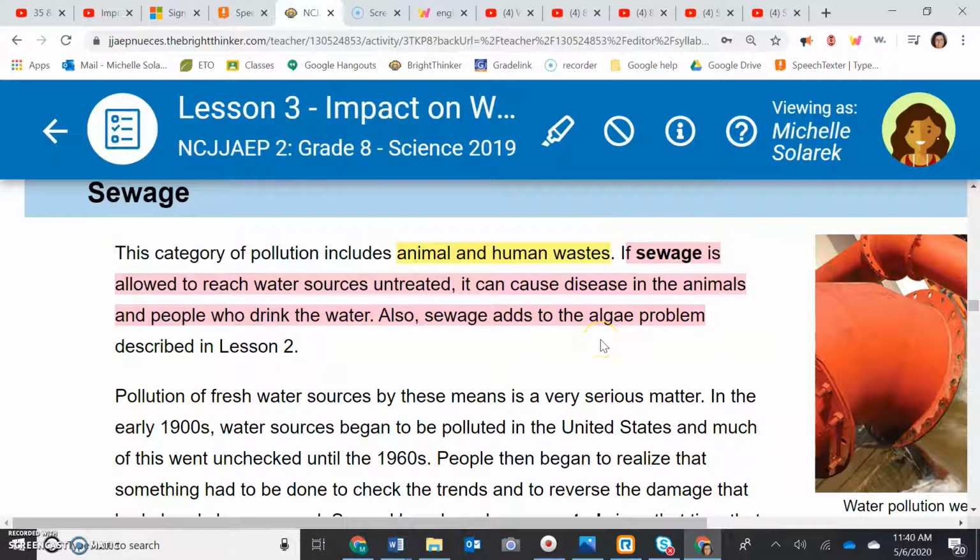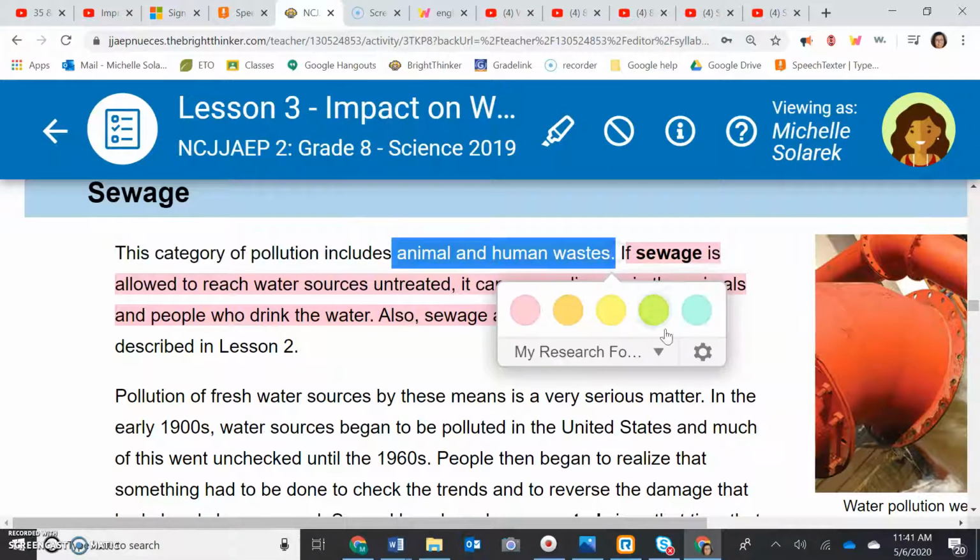So sewage is water that's been destroyed by animal and human waste. So mostly that's talking about poop being in the water. It used to not be regulated to keep the water clean, so you'd be drinking poop water. I told you it was gross. Anyway, what is sewage called? Sewage is called animal and human waste. So, what causes sewage? Animal and human waste.